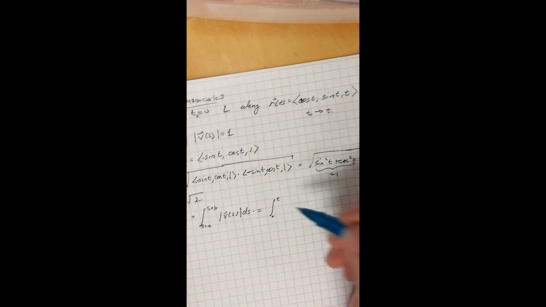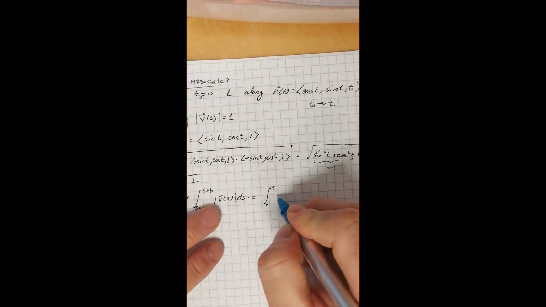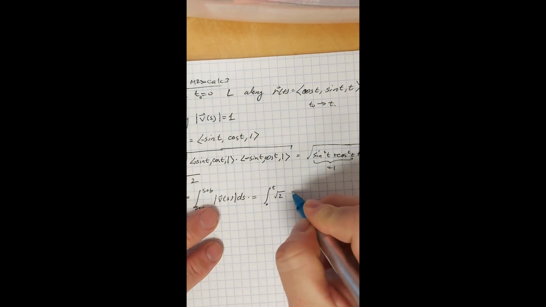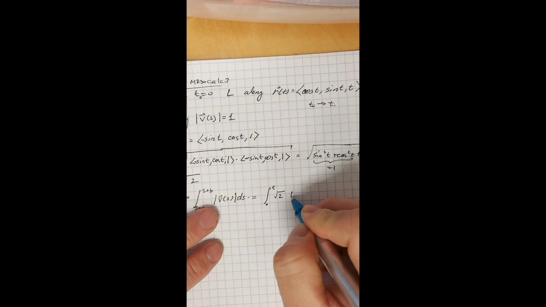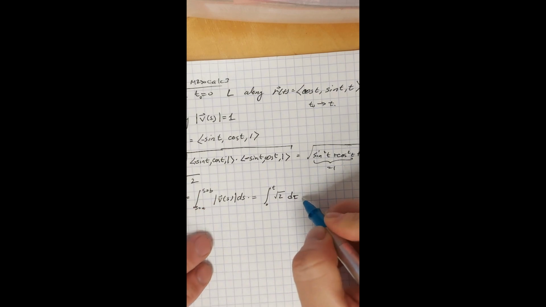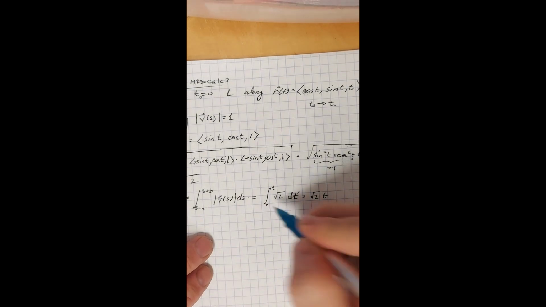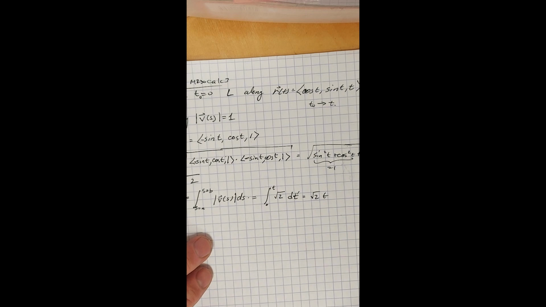The absolute value is the square root of 2, and we integrate with respect to d tau, or some dummy variable, dt prime if you want, whatever you want to call it. You integrate out and get the square root of 2 times t minus 0, so it doesn't affect the integrand.